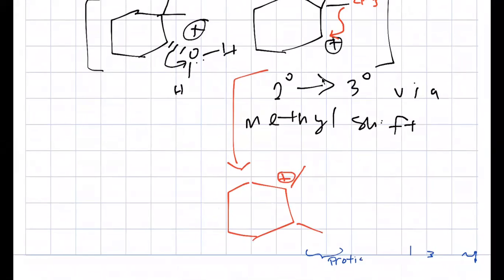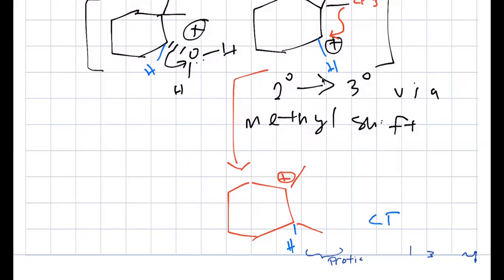And now from that, that's where your elimination is going to take place, because there is a hydrogen here on this carbon. It's just not shown, right? It's here too, and here. So now you can do your elimination.